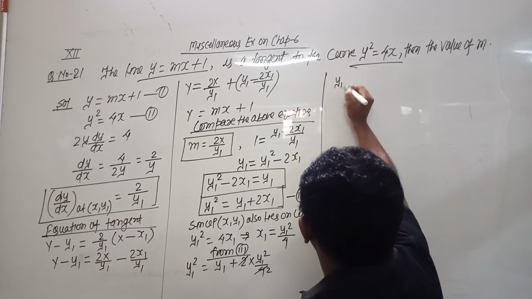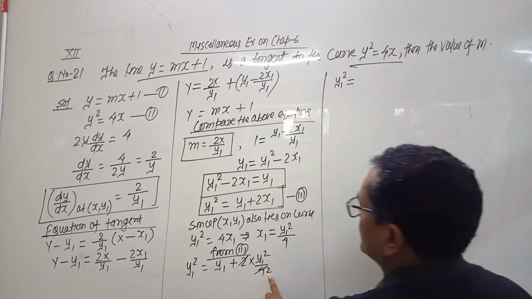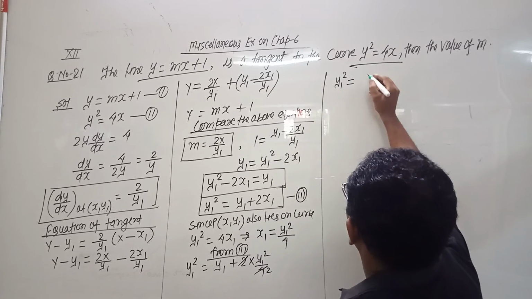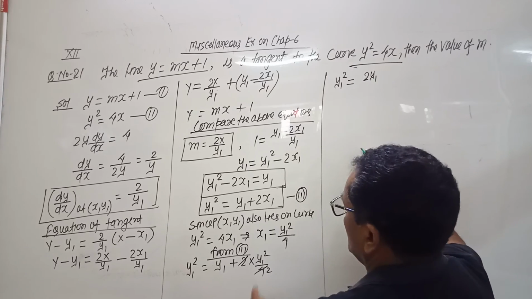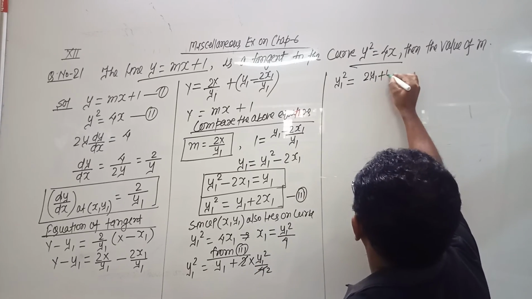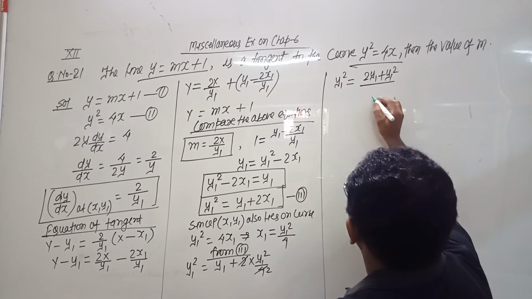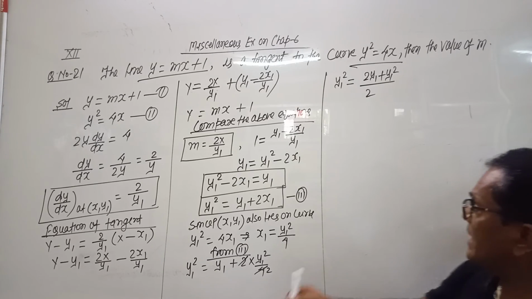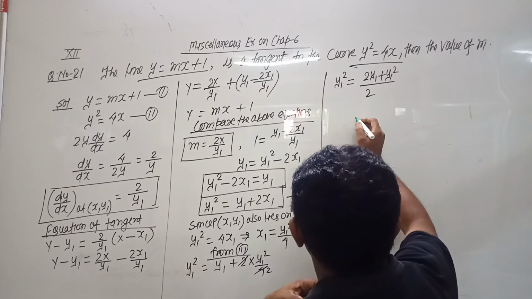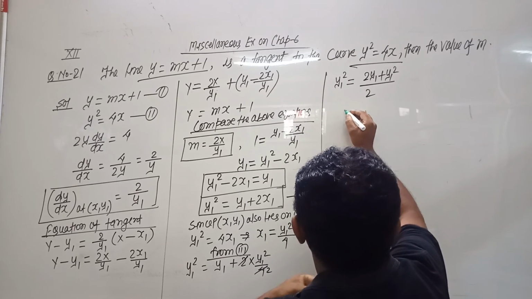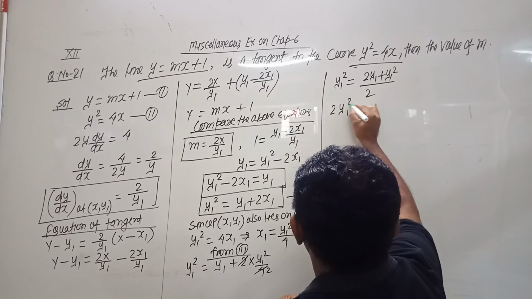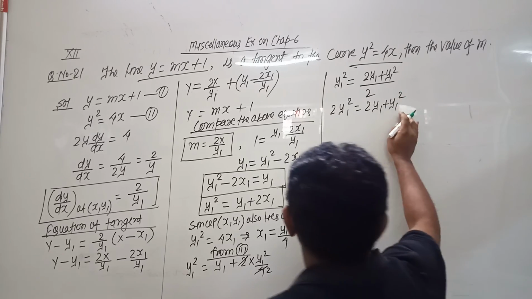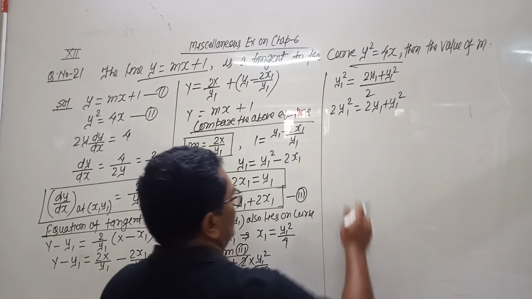y1 square equals, taking LCM, we get 2y1 plus y1 square upon 2, and by cross multiplication we get 2y1 square equals 2y1 plus y1 square, and this y1 square will come on the left side, becomes negative.